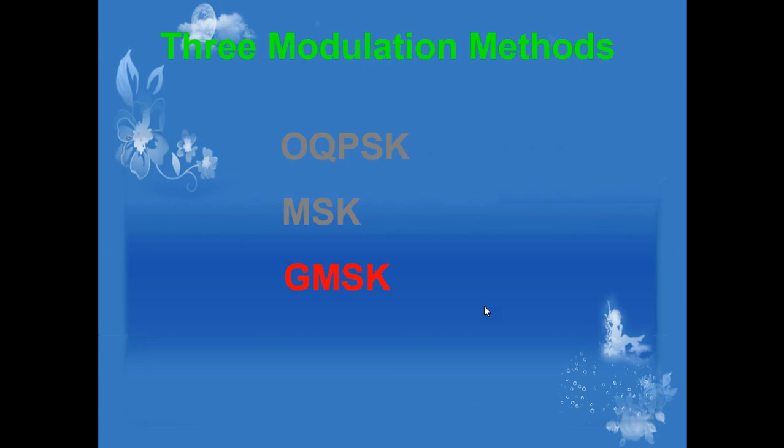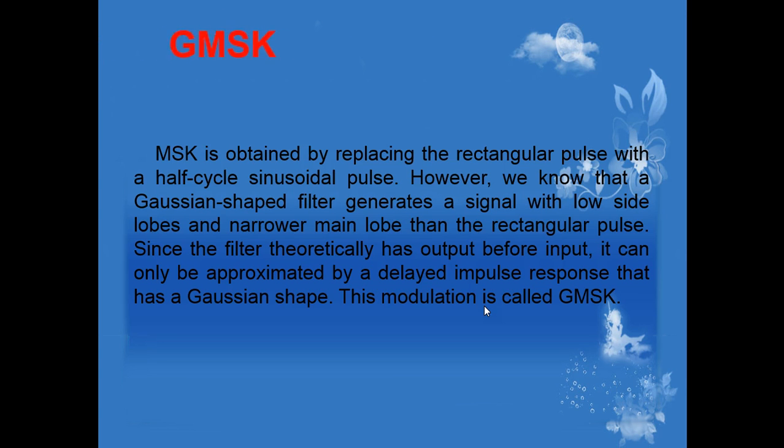The last modulation method is GMSK. GMSK is based on the MSK modulation method. We know that a Gaussian-shaped filter generates a signal with lower side lobes and a narrower main lobe than the rectangular pulse. Since the filter theoretically has output before input, it can also be approximated by a delayed impulse response that has a Gaussian shape.